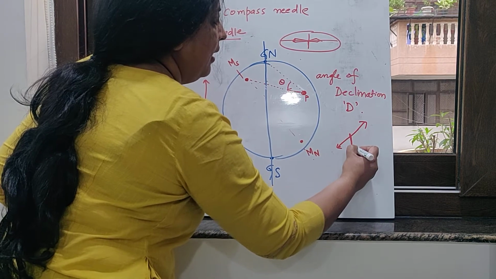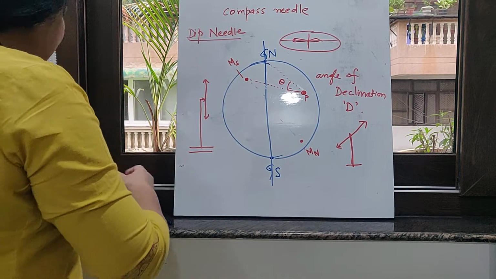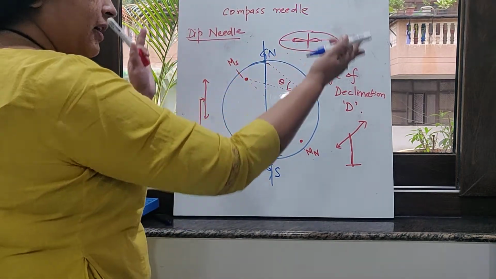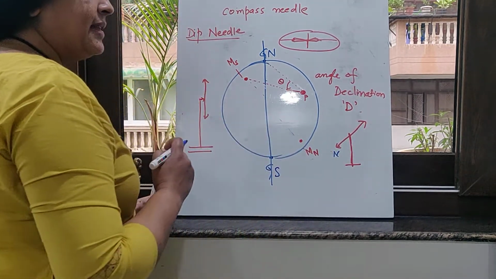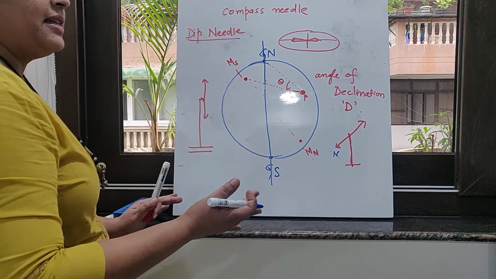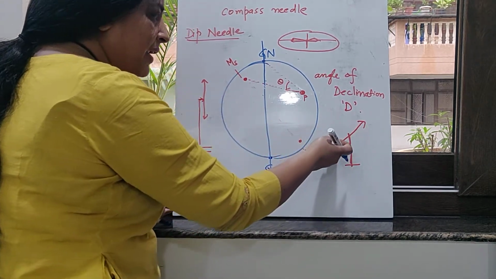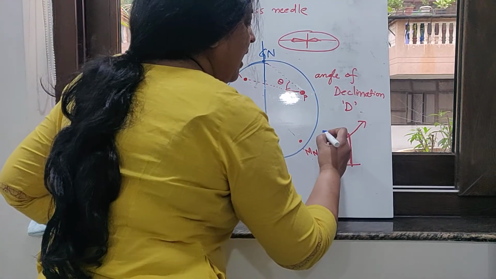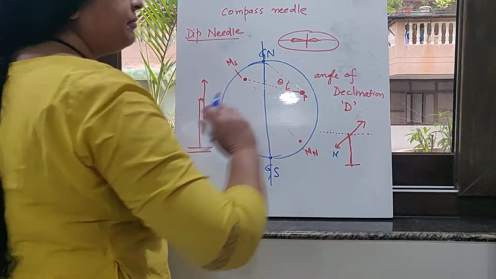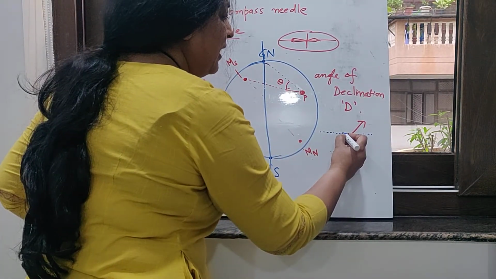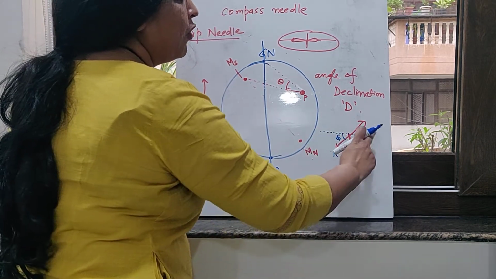Suppose it just tilts itself. Now it has tilted itself because of the presence of the Earth's magnetic field, and it tries to align itself in the direction of Earth's magnetic field, right? So the dip needle has tried to align itself in the direction of Earth's magnetic field, and let us say this is the horizontal line, and this is making an angle of delta with the horizontal line that you have drawn here.